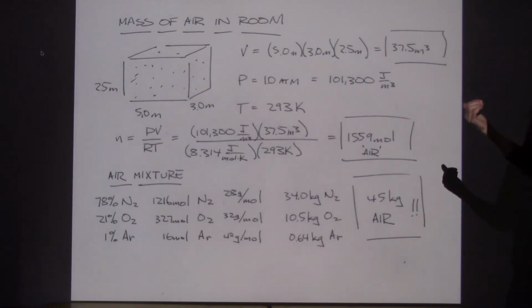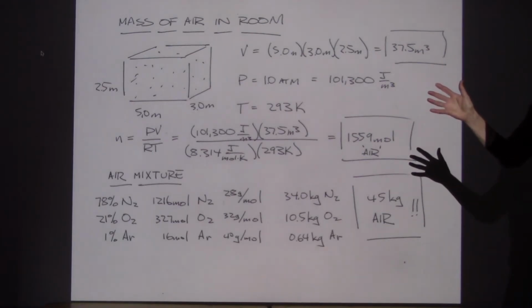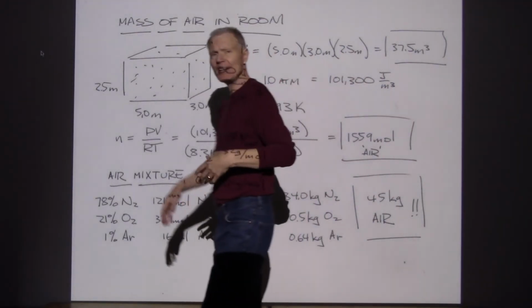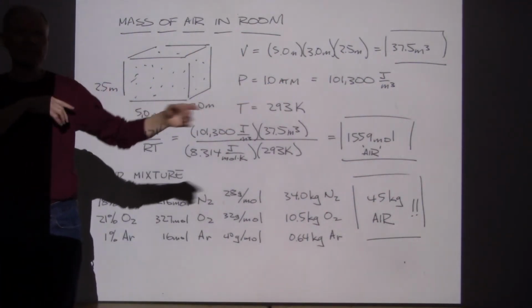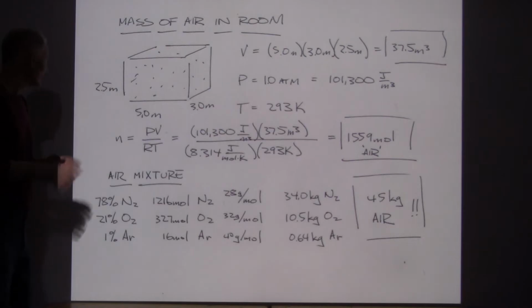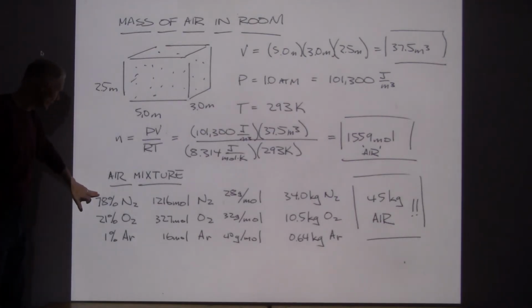And like we were saying, it doesn't matter what the air consists of. It could be nitrogen or oxygen or whatever. And the number of moles doesn't really depend on what the composition of those gas molecules is. Now, it turns out that air is 78% nitrogen, 21% oxygen, 1% argon.